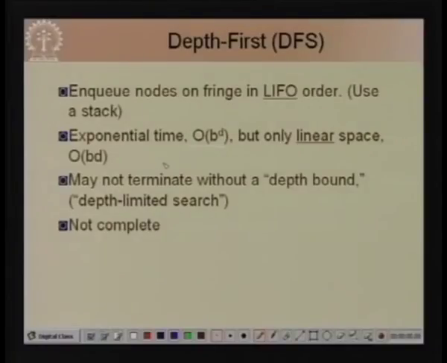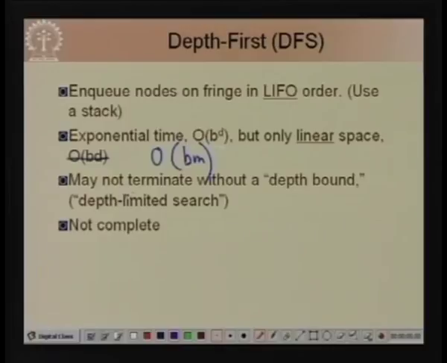However, if you notice, the size of the fringe is at most the maximum depth of the tree. So the space required is actually order bm, where m is the depth of the entire search tree, and the time required is order b to the power d.